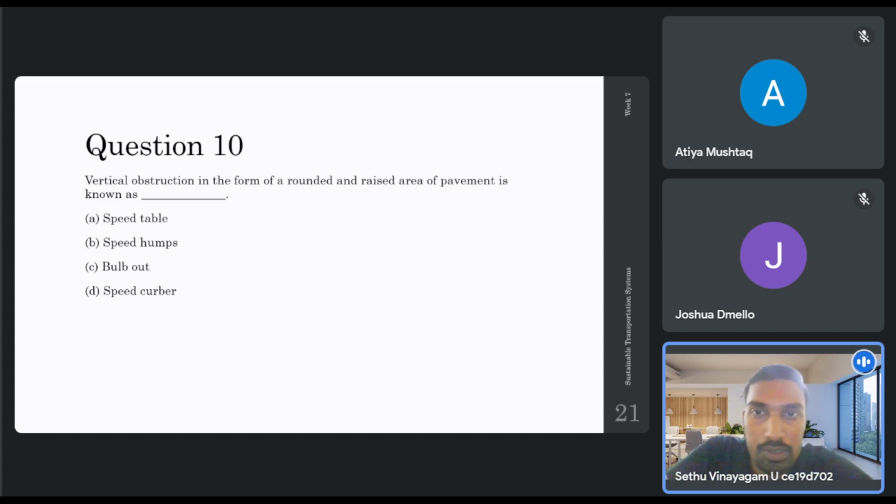Okay, so we have one option as option B, speed humps. Okay, any other answers?